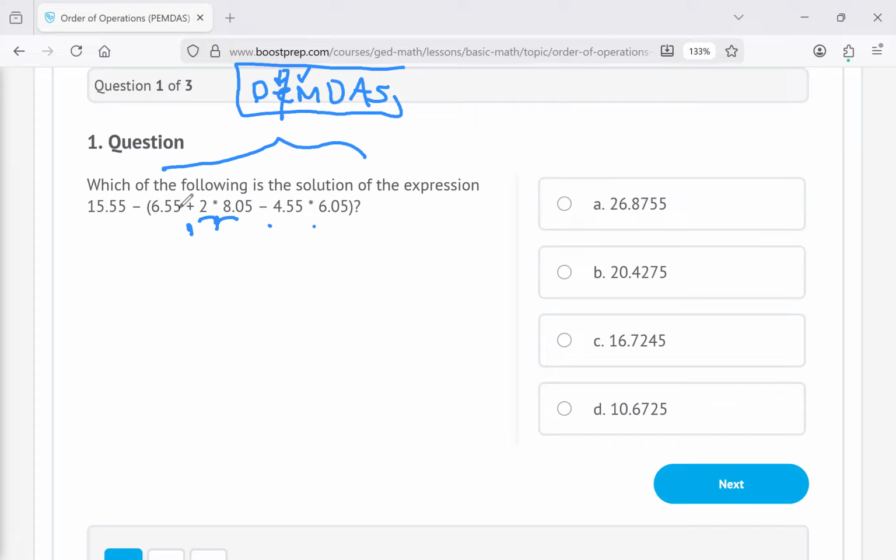You can use a calculator on the exam, so go ahead and use it. 2 times 8.05 is 16.1, so you put 16.1, and then bring down what you haven't done. As you can see, you have an addition, so bring that down. Our other multiplication is 4.5 times 6.05. That asterisk means multiplication.